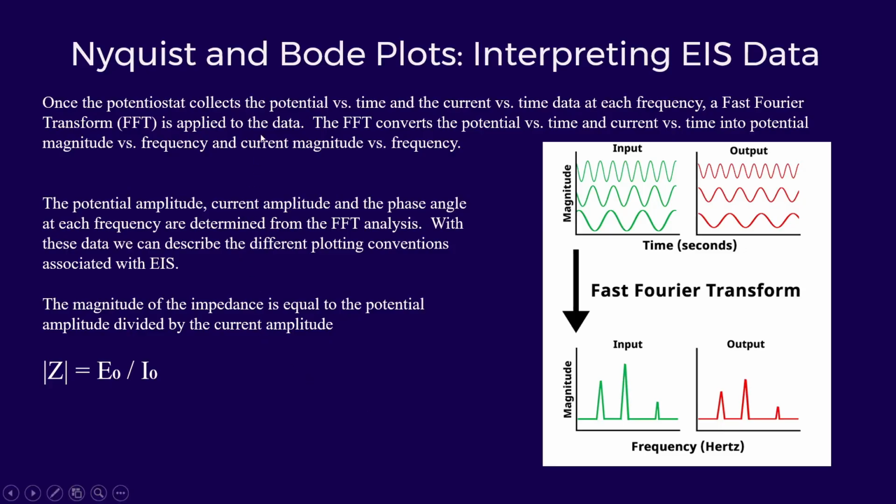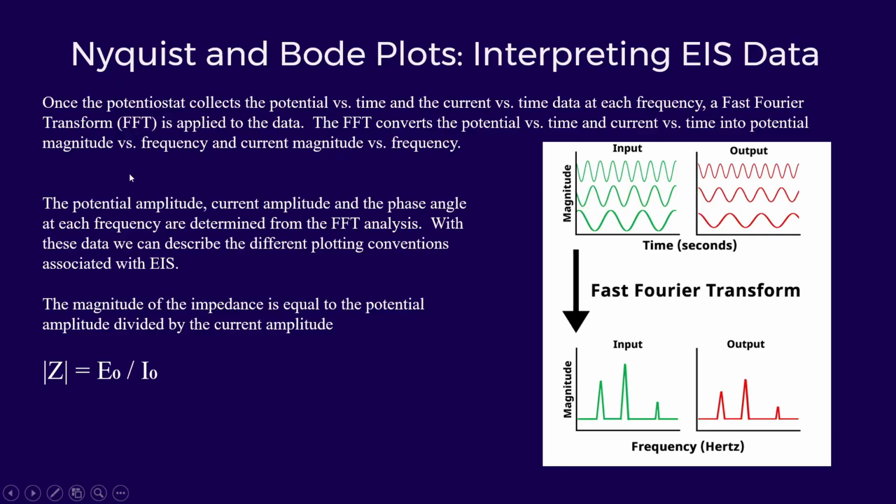Once the potentiostat collects the potential versus time and the current versus time data at each frequency, a fast Fourier transform is applied to the data. The FFT converts the potential versus time and current versus time into potential magnitude versus frequency and current magnitude versus frequency.